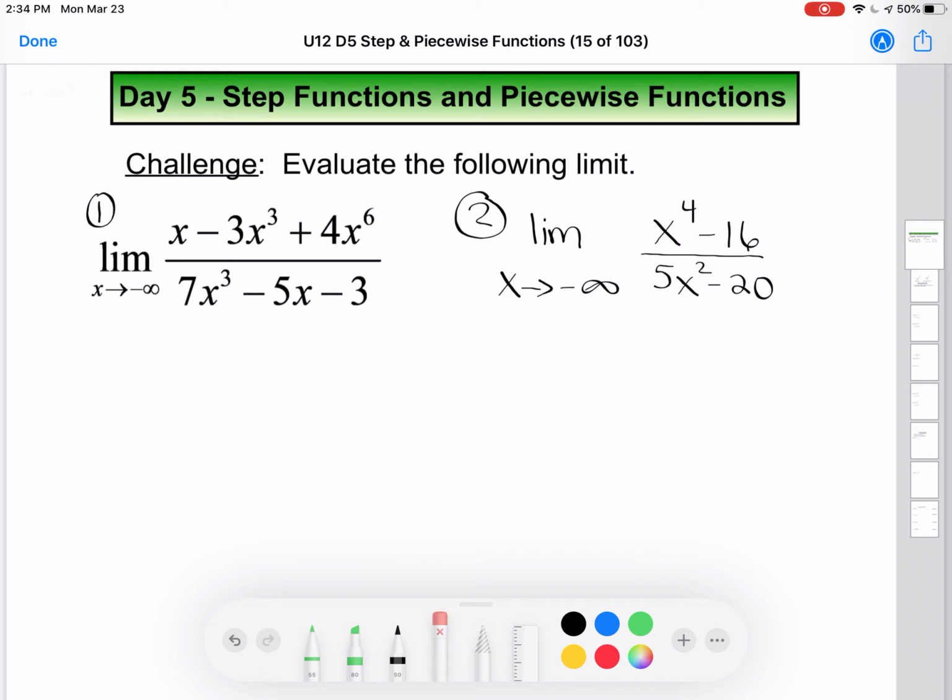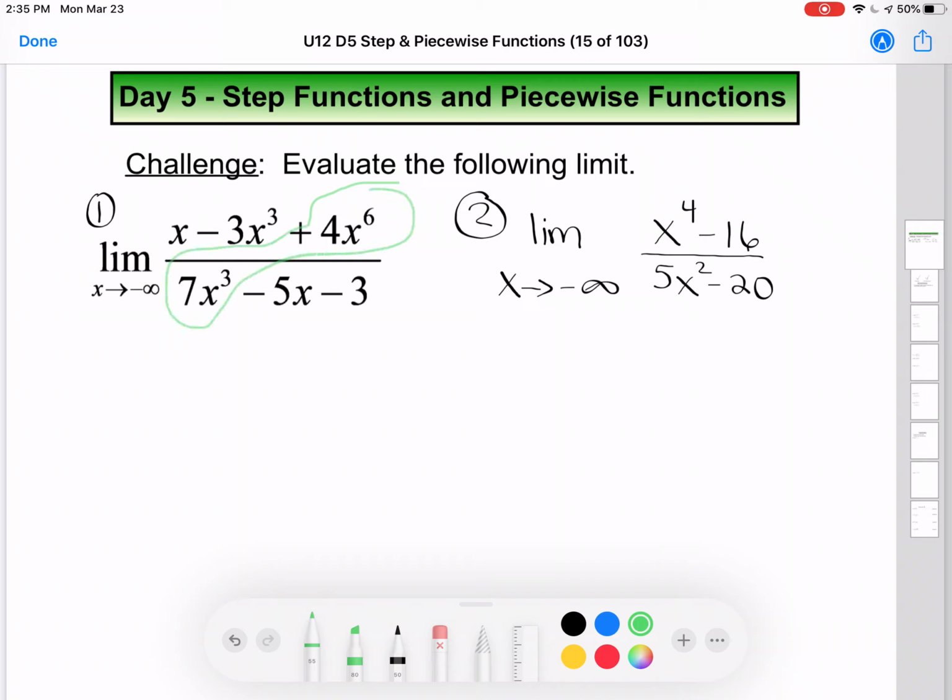Limits to infinity. So if we're doing limits to infinity with a polynomial function, you're just going to use your end behavior rules. Is it positive even, negative odd? But this is a rational function. So when it's a rational function, we want to use our horizontal asymptote rules. So let's compare n and d, which is the highest exponent in the numerator with the highest exponent in the denominator. So here we go.